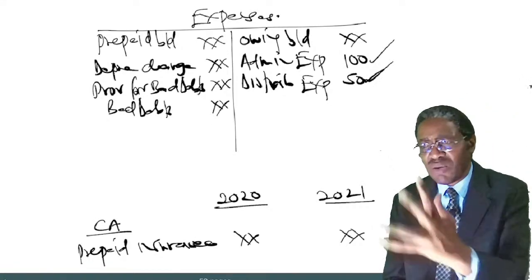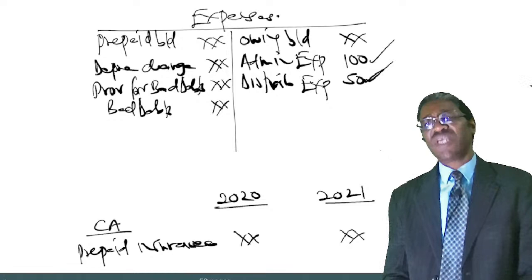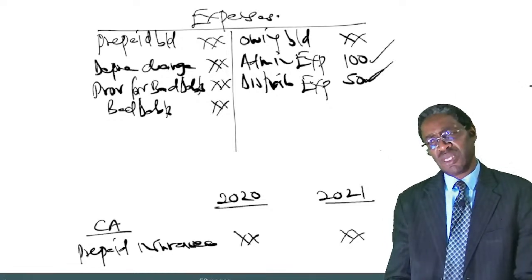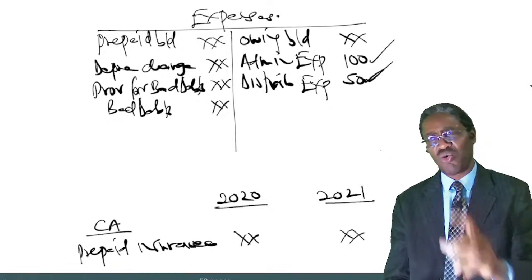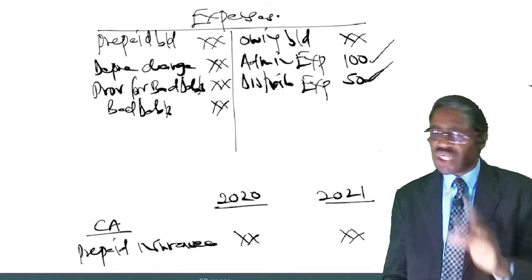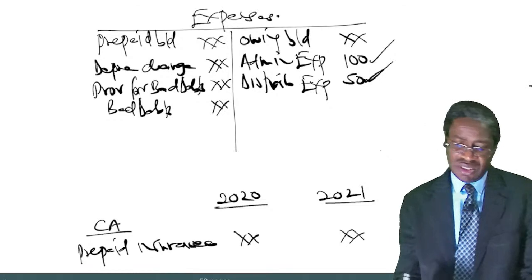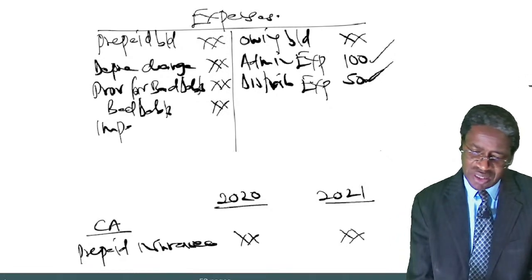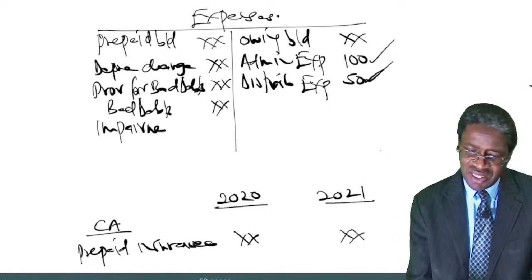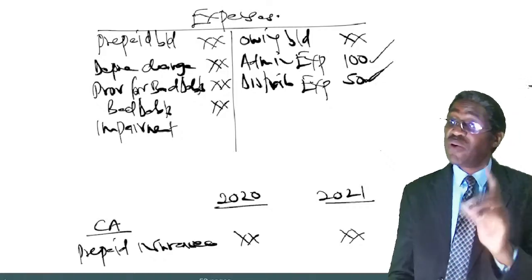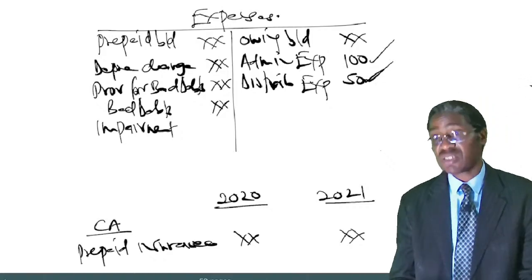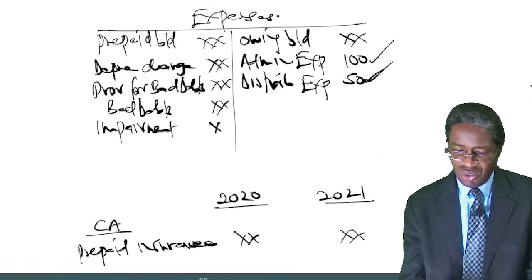Another one somebody has given us is impairment. Maybe you impaired your goodwill and you charged it as admin expense. So when you charge impairment, obviously that is not an expense you paid in cash. It is a non-cash item, whatever it is.